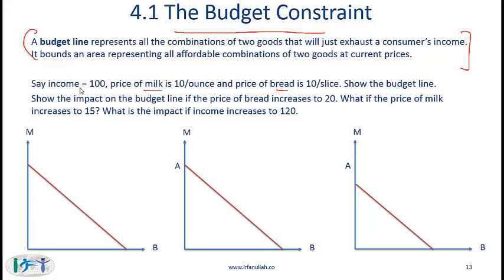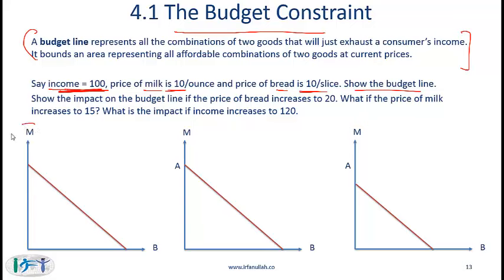Let's say the constraint is represented by an income or a budget of 100. So this is the amount that the consumer can spend. Say the price of milk is 10 per ounce, the price of bread is 10 per slice. What does the budget line look like?